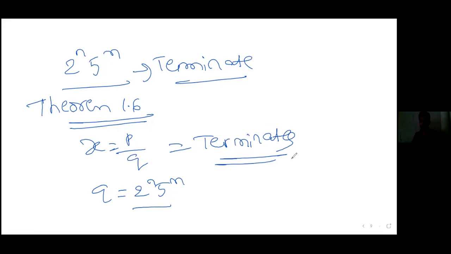Okay. We'll consider one example. So you need to check whether its decimal expansion is terminating or not. Tell me whether its decimal expansion is terminating or not. Just type whether it is terminating or non-terminating in the chat box. Quick. Okay.